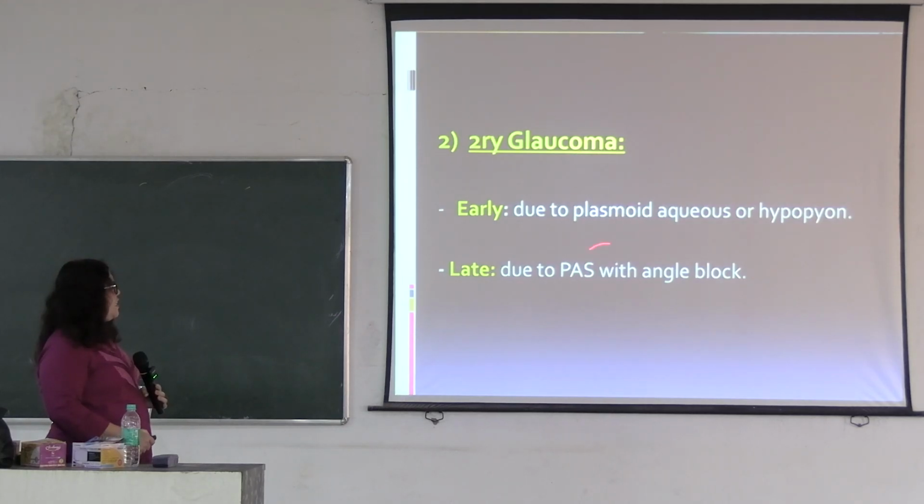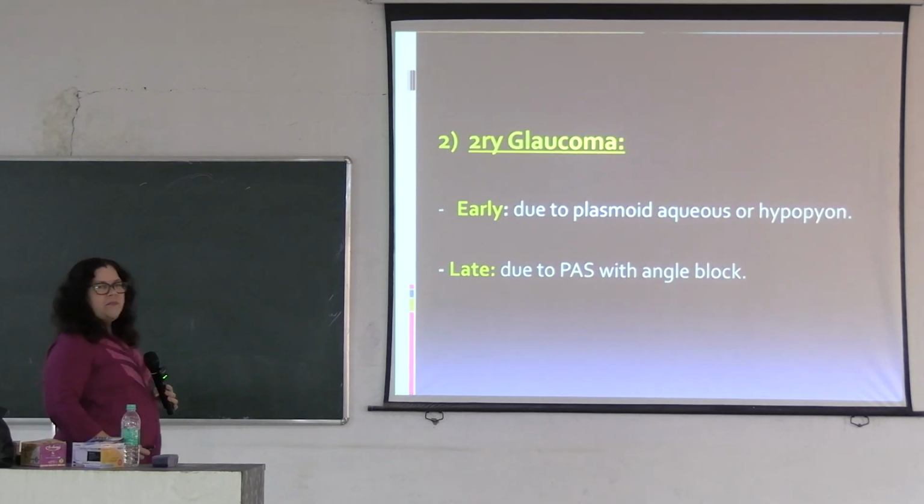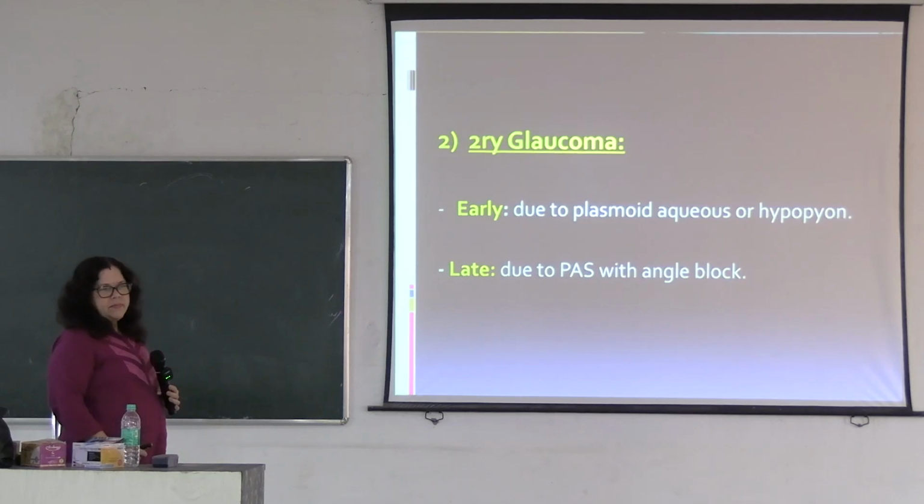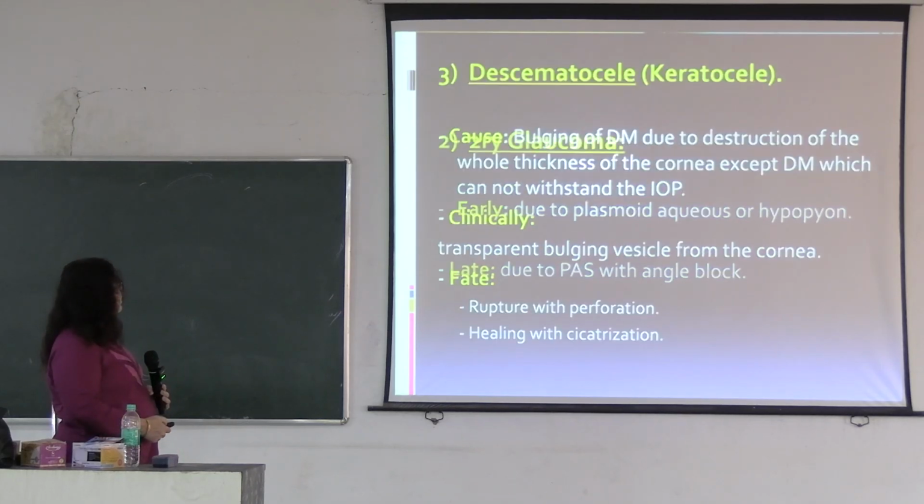Due to peripheral anterior synechiae, the angle is blocked and there is obstruction in the drainage pathway. So in this case also intraocular pressure is raised.